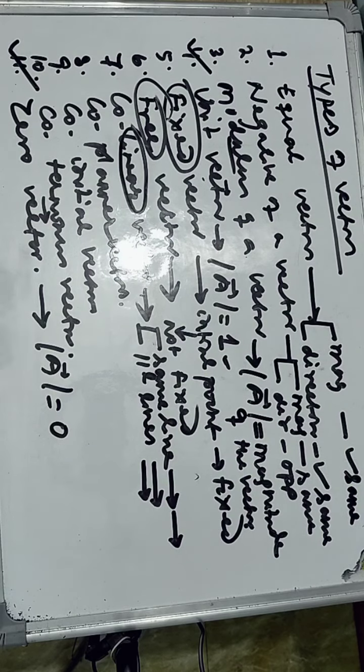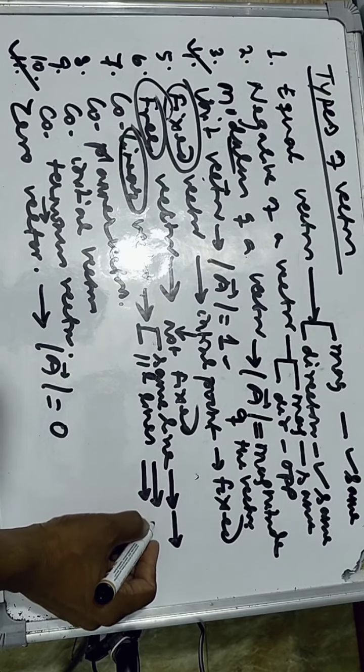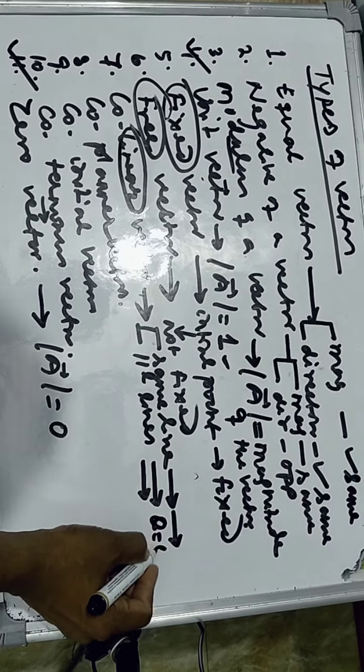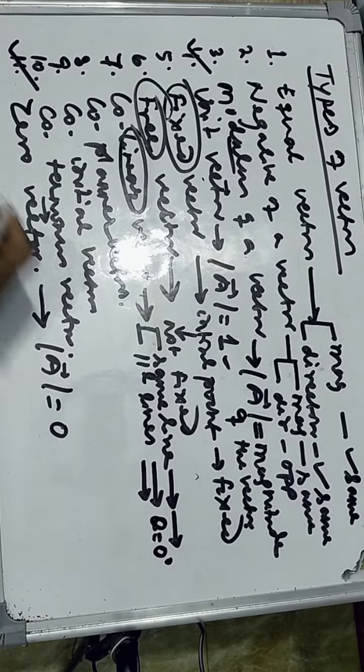And if the angle between them is theta equal to 0 degree, it will be termed as like or parallel vectors.